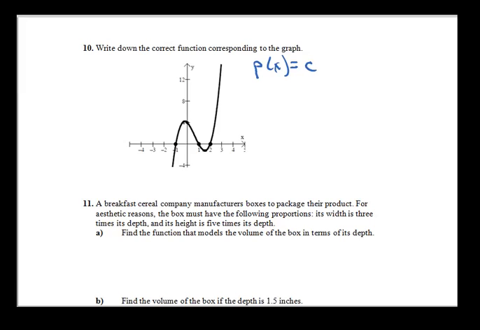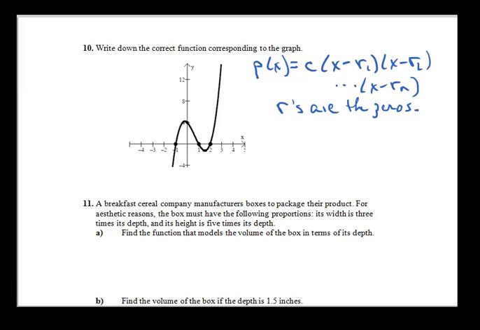Some constant, c or a, whatever you want to call it, and then times x minus r1, x minus r2, dot dot dot, to x minus rn, right? And what are the r's? The r's are the zeros.